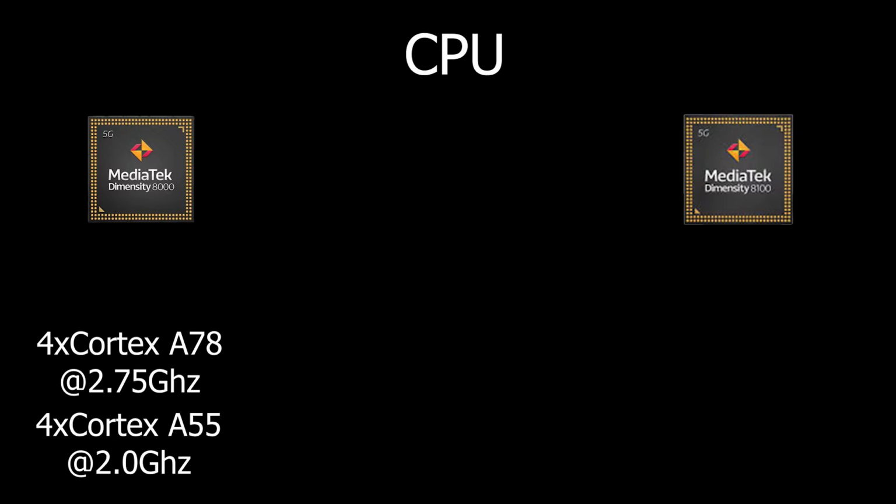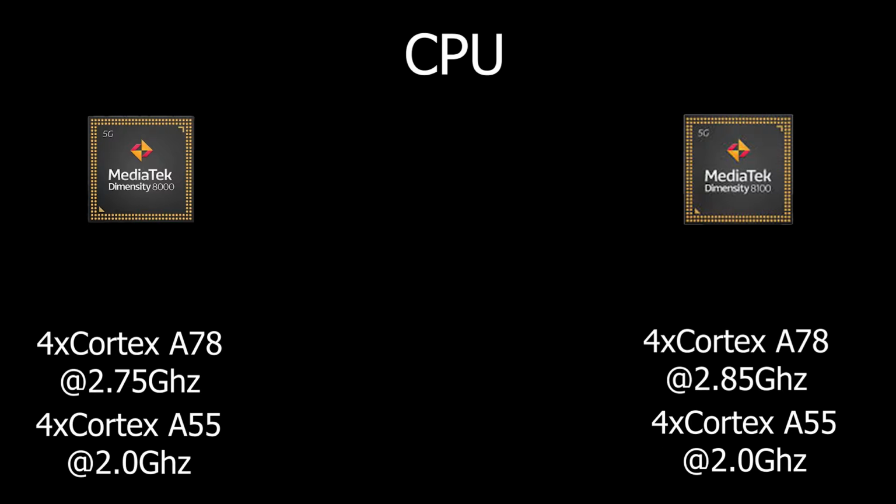Talking about the 8100, you'll get 4 Cortex cores similar to the 8000, also based on A78, and the speed over here is slightly boosted to 2.85 gigahertz, which is great. For efficiency it's the same, 4 Cortex cores based on A55 at 2 gigahertz.